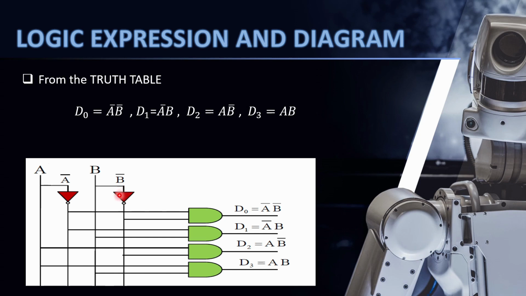And we have here 4 AND gates, which are used to multiply two inputs. D0 is taken from A bar and B bar, D1 from A bar and B, D2 from A and B bar, and D3 from A and B. Hence we have 2 inputs and 4 output combinations here.